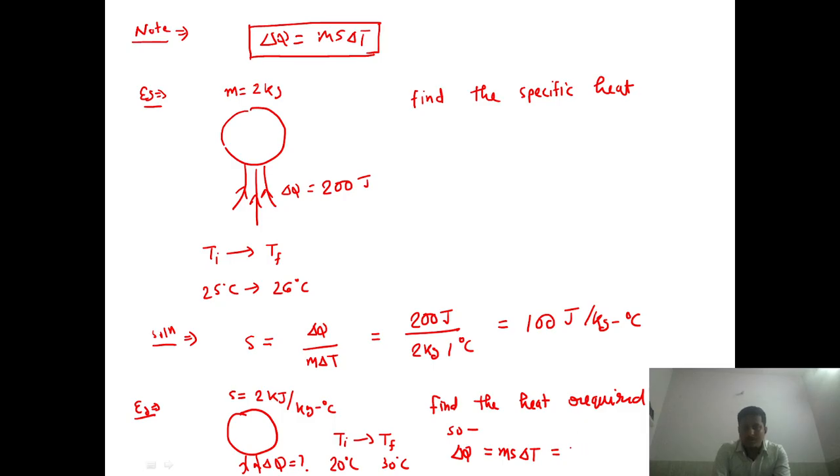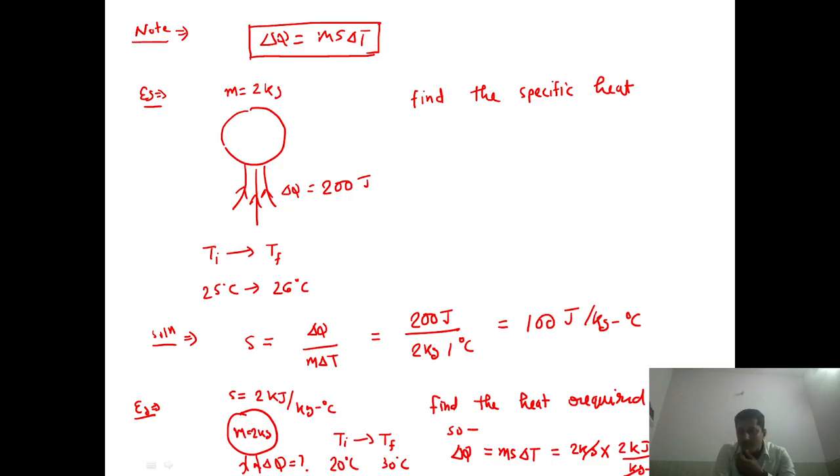So the mass given to us is 2 kg. So 2 kg multiplied by the specific heat capacity, that is 2 kilojoule per kg degrees Celsius, and the change in temperature is basically 10 degrees Celsius. So degree Celsius and degree Celsius will cancel out, kg and kg will cancel out.